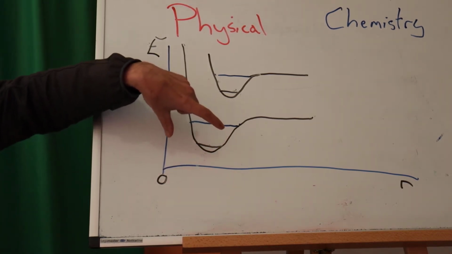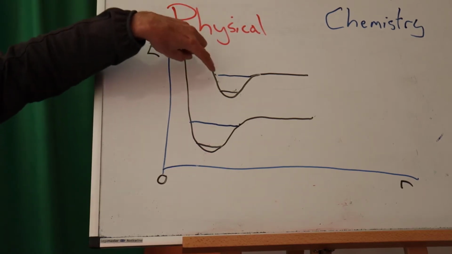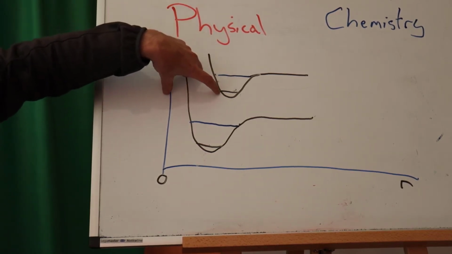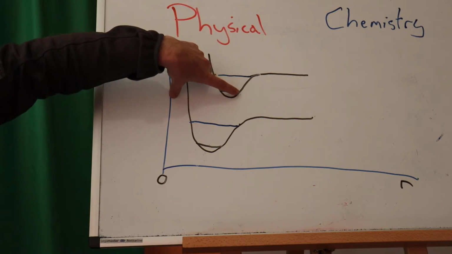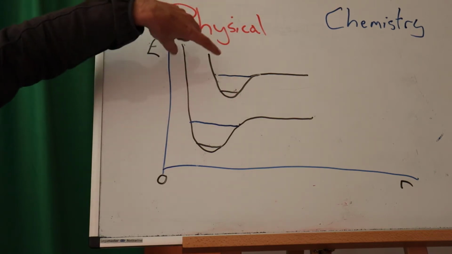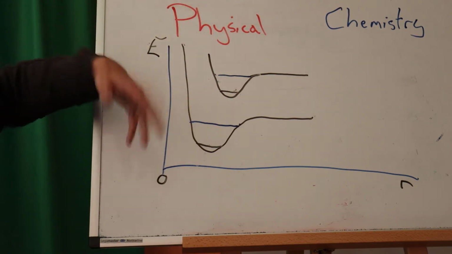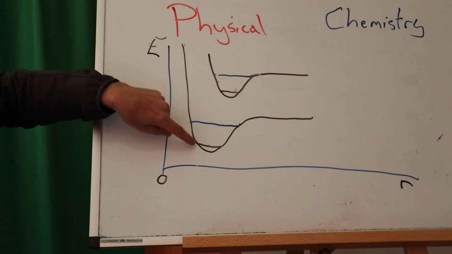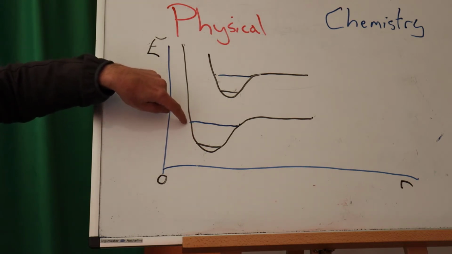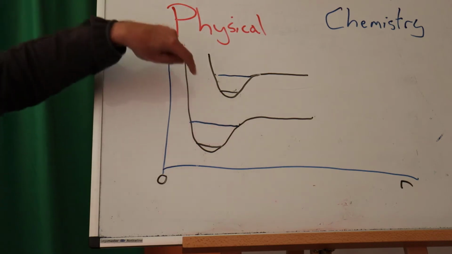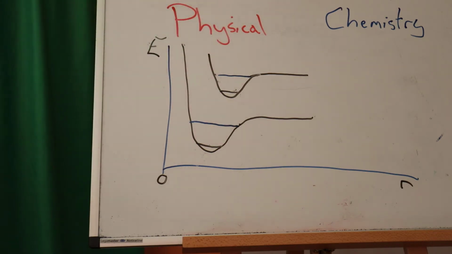And our excited state is up here, vibrating between this position, this length, and this position over here, this length. If we warm it up, if we give it more vibrational energy, it could be up here or up here. So we get vibrational energy states inside the electronic energy state.